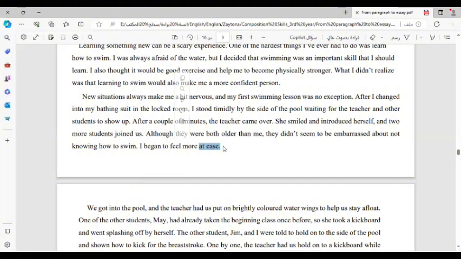So with ease, it means easily. بسهولة تماما. Yes. While the phrase at ease, it means I feel بالارتياح، بالريلاكس. Very good. Yes, exactly. Okay, so don't be confused between with ease and at ease.